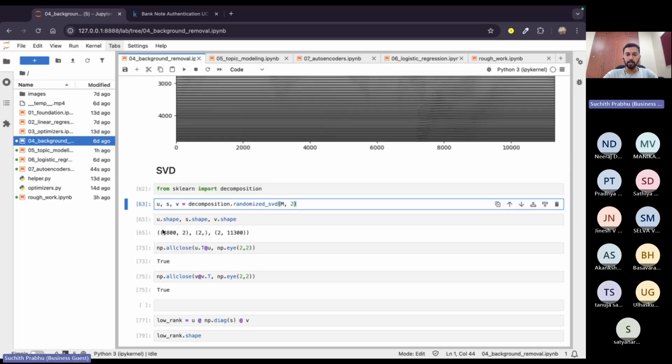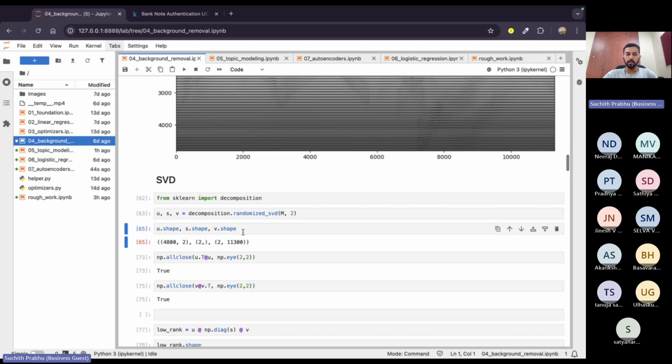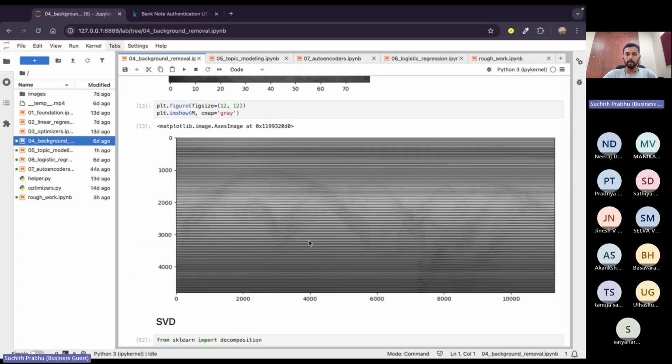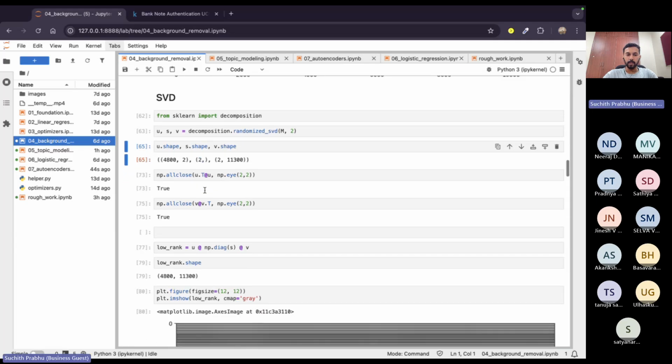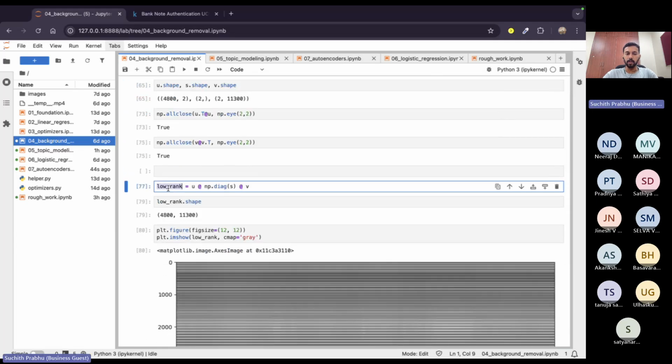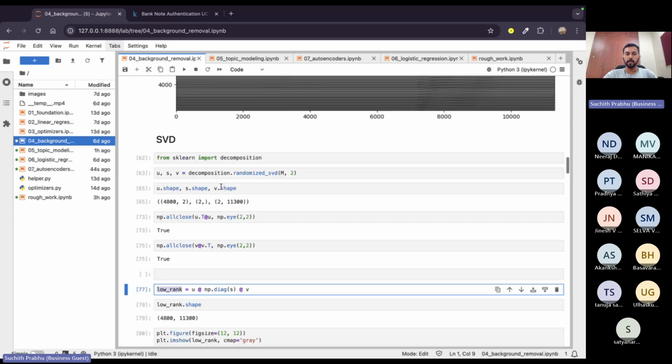These are the dimensions. Using this, we'll reconstruct this big matrix again using only the top two singular values. That is what is called a low rank approximation of this matrix.